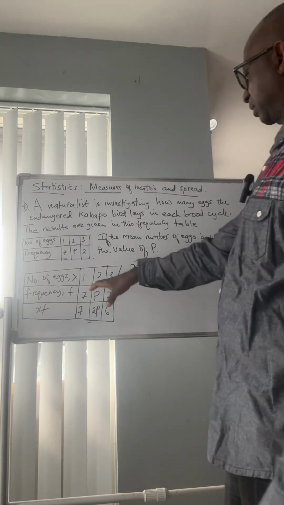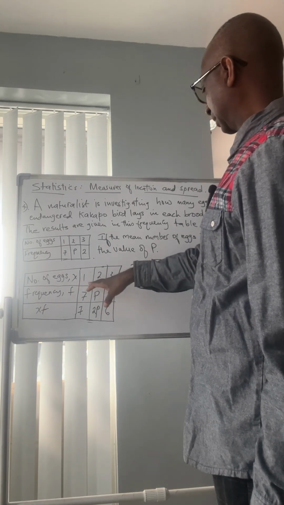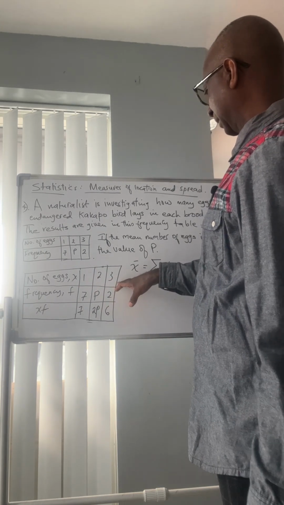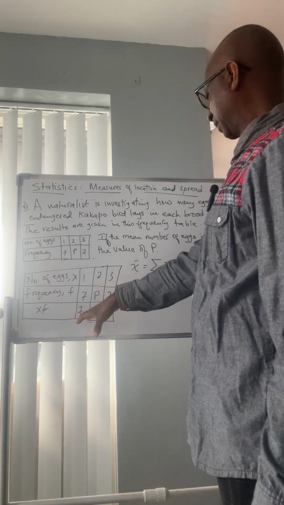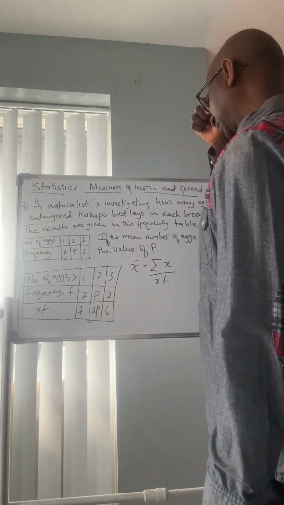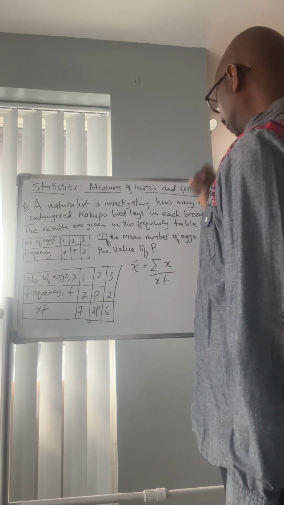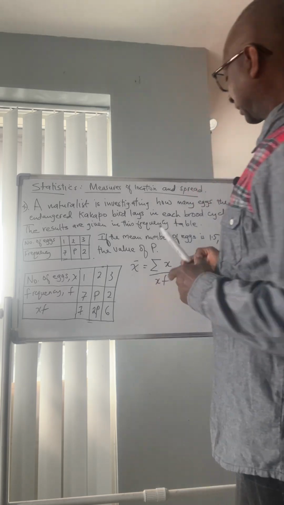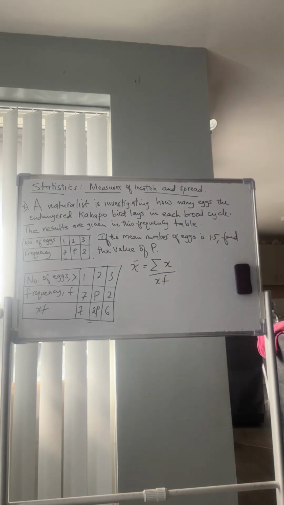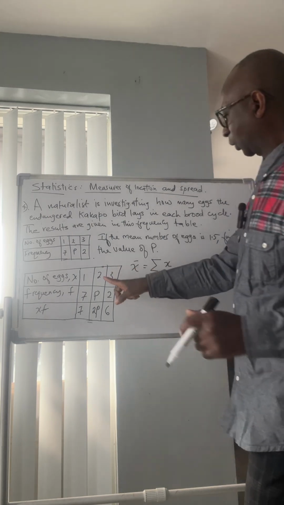You add all these xf products, and then you divide by the sum of the frequencies.